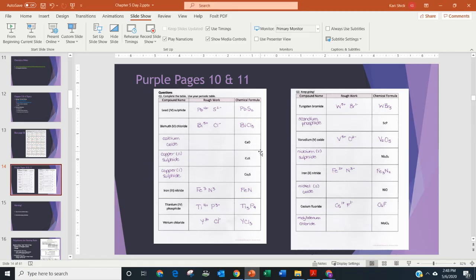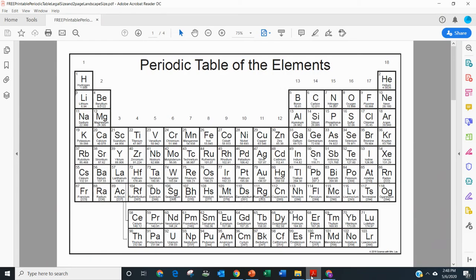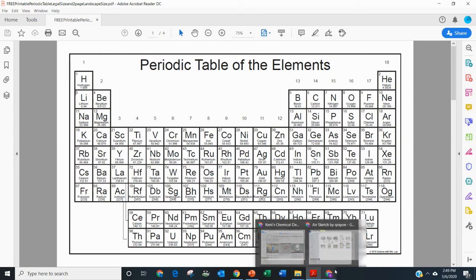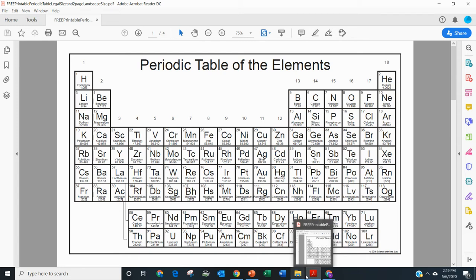So then the other one where we have Cu2S, we kind of do the same thing. We know that sulfur has a -2 charge, copper, we don't know what its charge is.